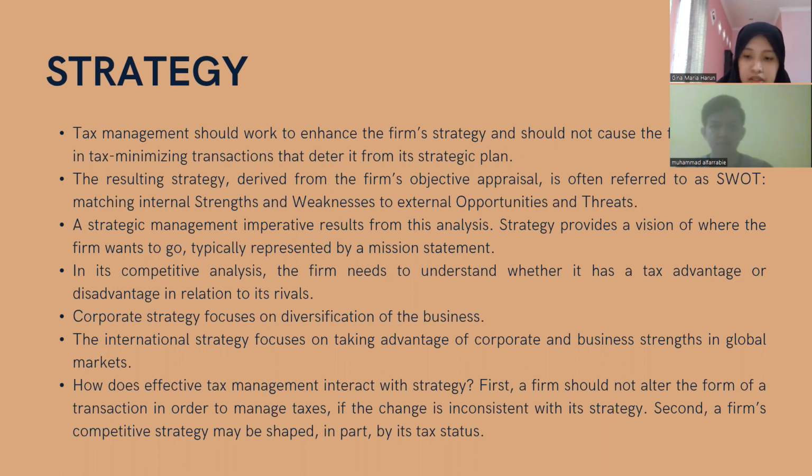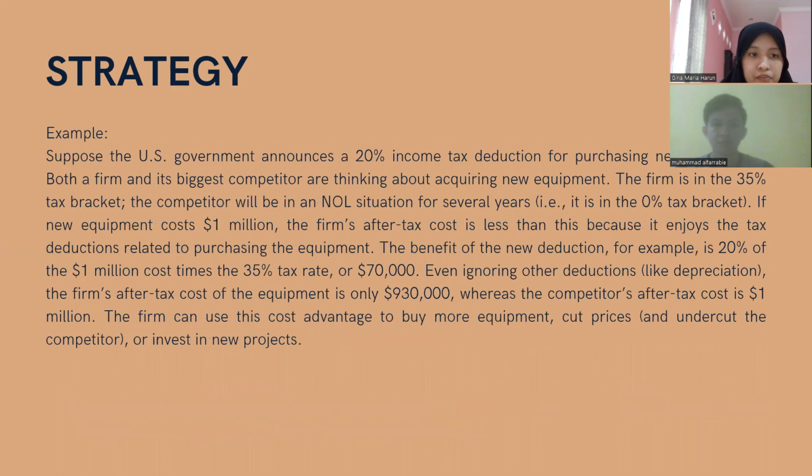First, a firm should not alter the form of a transaction in order to manage taxes if the change is inconsistent with its strategy. The second is that a firm's competitive strategy may be shaped in part by its tax status. For example, suppose the US government announced a 20% income tax deduction for purchasing new equipment.